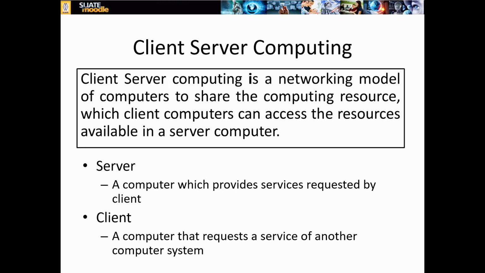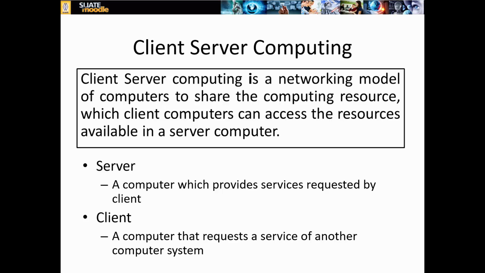And now I'm moving on to a categorization of networks based on their architecture. When we talk about network architecture, we mean the way that network hardware as well as network software are organized within a network.